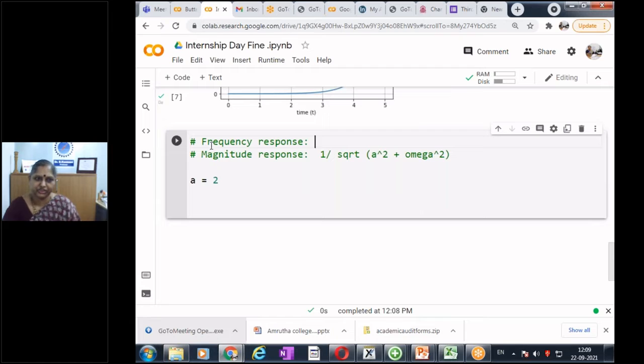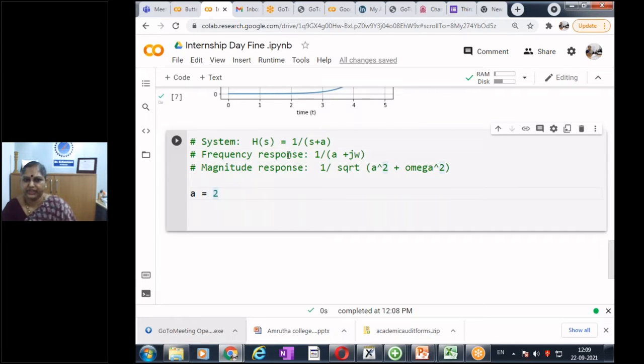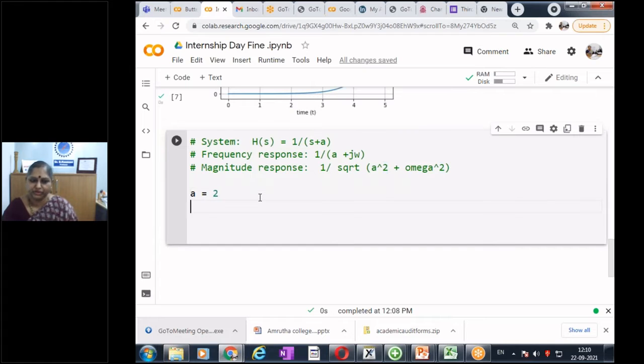My system transfer function is, let us say, H of s equal to 1 by s plus a, and my frequency response we know is given by 1 by a plus j omega. So now I put this, and then I have my magnitude response. In the same program, we'll also include the phase response. First, let us do the magnitude response. So put a equal to 2.